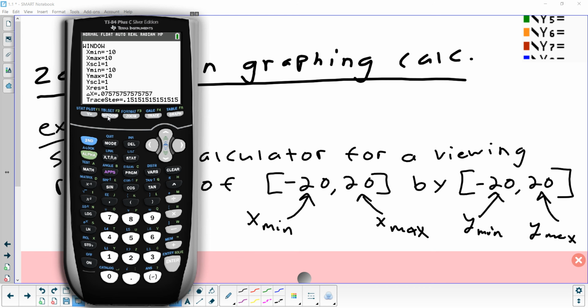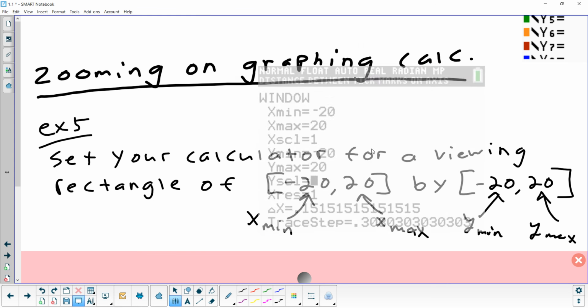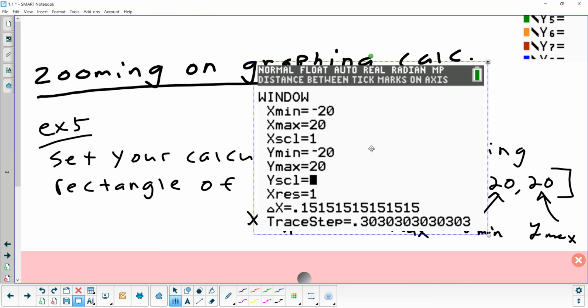So to type in a negative number, press the one next to the decimal, put in 20, and then hit enter. X max, positive 20, hit enter. Y min, negative 20, Y max, positive 20. So now your screen should look just like that.